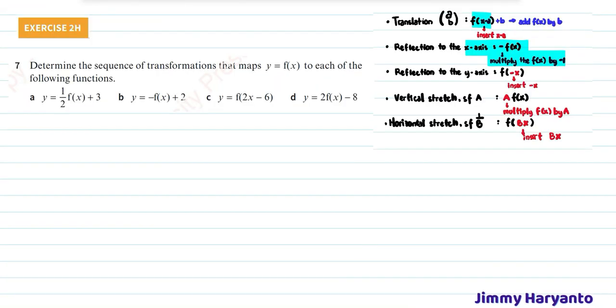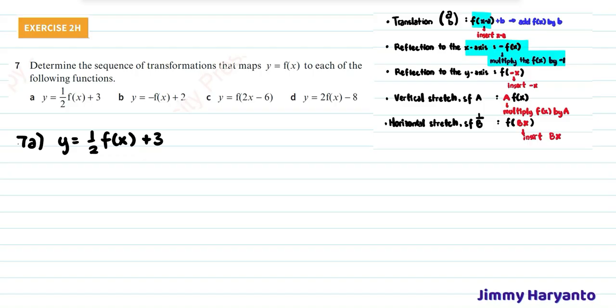Next is question 7. Question 7a, we have y equals half f(x) plus 3. According to my notes before, the types of this transformation is the left side types. If you don't remember, just open my notes. So the order will be this one as the first one, this one is the second one.